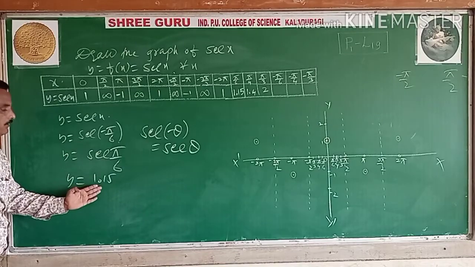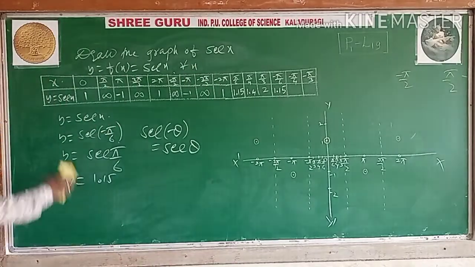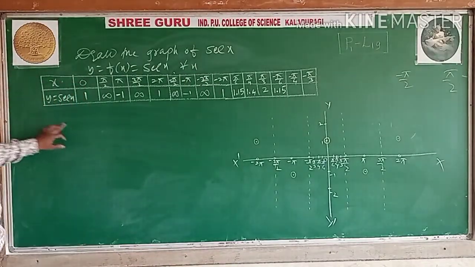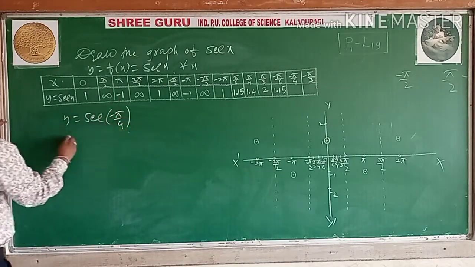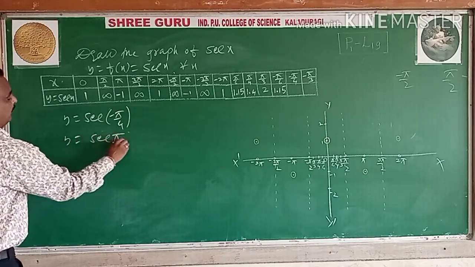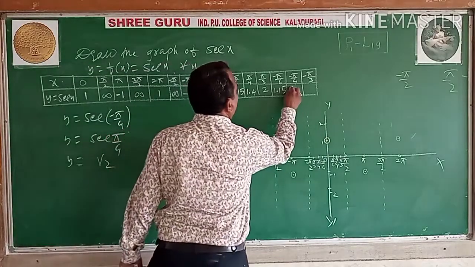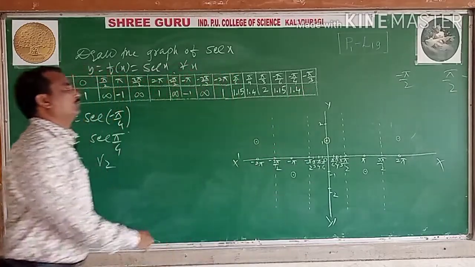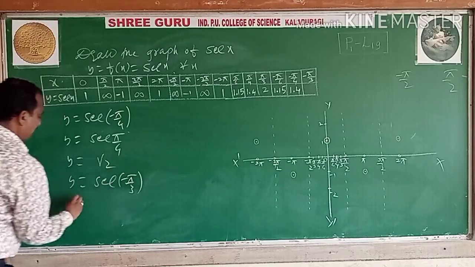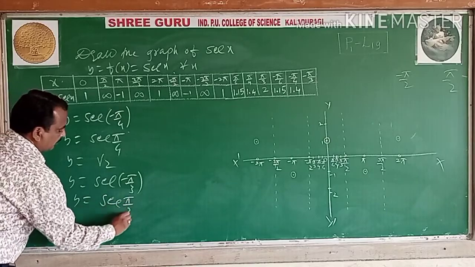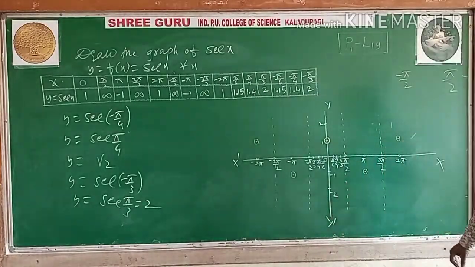Secant of pi by 6 is the same value we calculated, 1.15. Similarly, sec of minus pi by 4 equals sec of pi by 4, positive, root 2, which is about 1.4. Similarly, sec of minus pi by 3 equals sec of pi by 3, which is 2. See here, not less than 1.